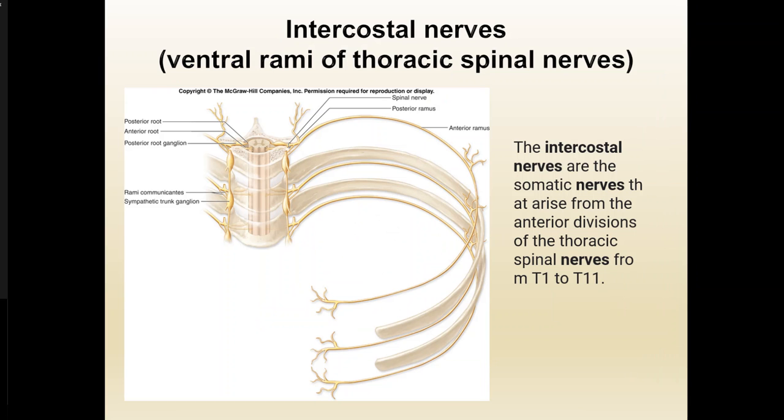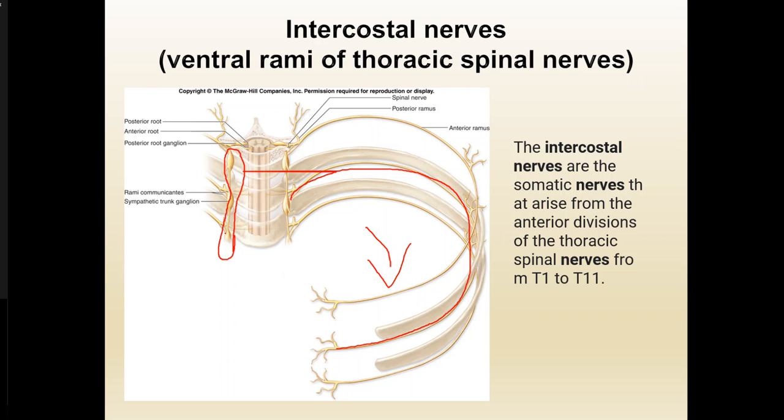And as I told you, regarding the thoracic area, we don't have plexuses, but we have intercostal nerves, which are these ones. They're very straightforward. I may show you a picture like this. You have to name this. What is this? It's an intercostal nerve. It's very easy. What is this? This is your sympathetic trunk.